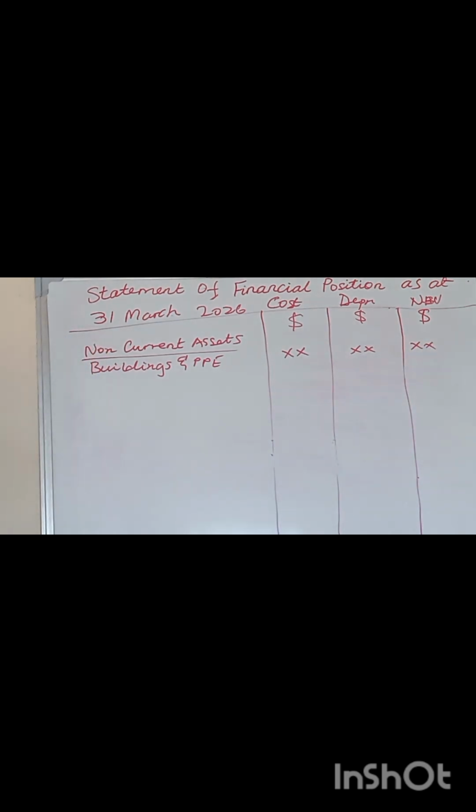Then we also go to the current assets. These are the assets which are usable within one accounting period or within a year. So we need to record them in the order of liquidity, which is the ease with which an asset can be turned into cash. So at first we've got inventory.